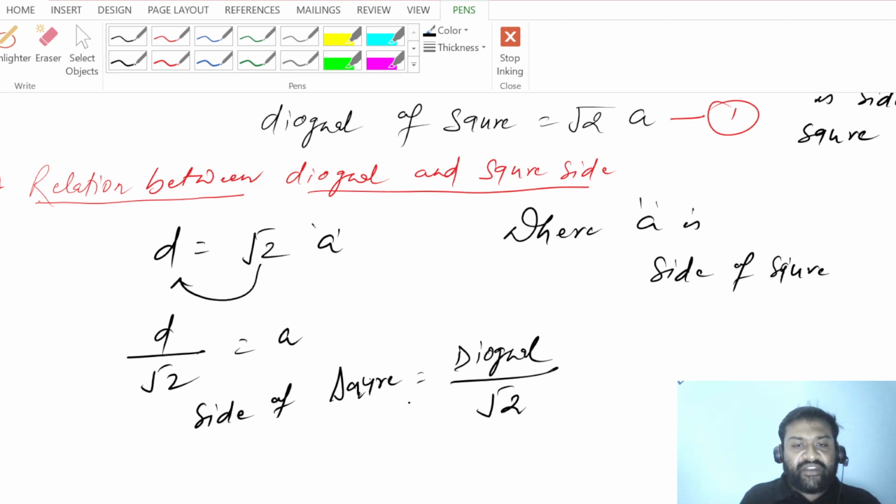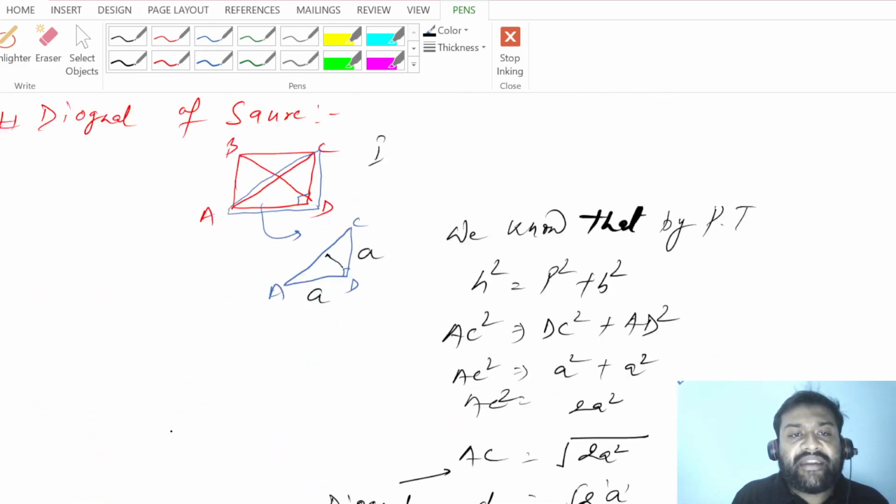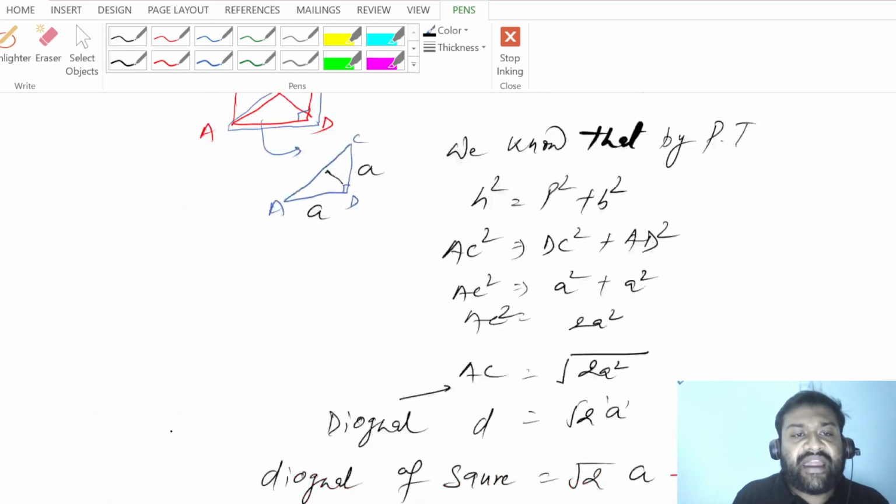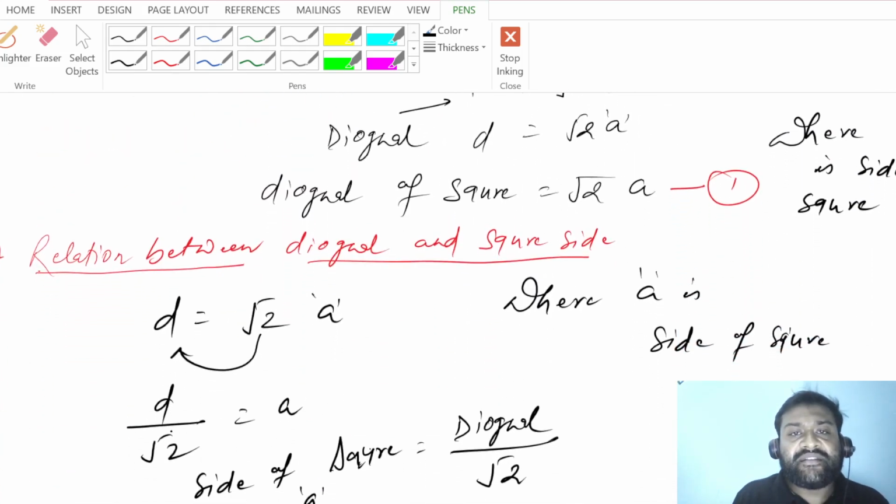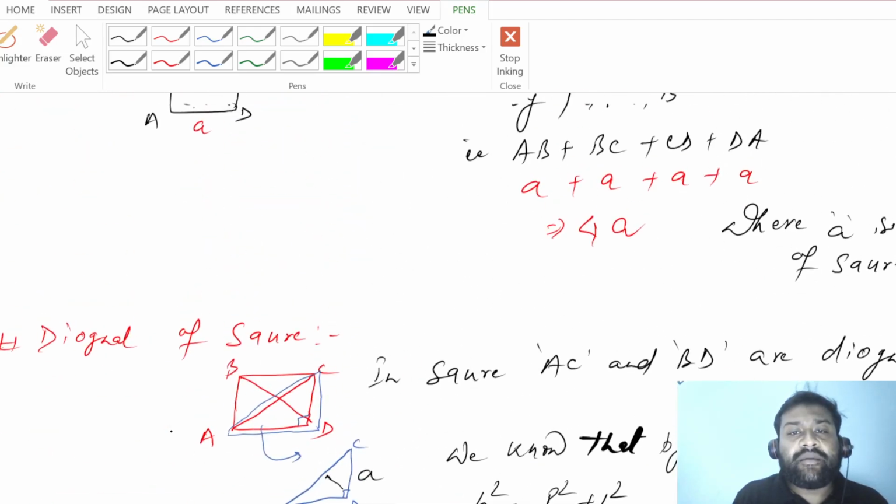This is the side of a square, written as A. So in this we have completed the perimeter of a square, the diagonal of a square, and the relation between diagonal and sides. In the next chapter we'll see about the trapezium.